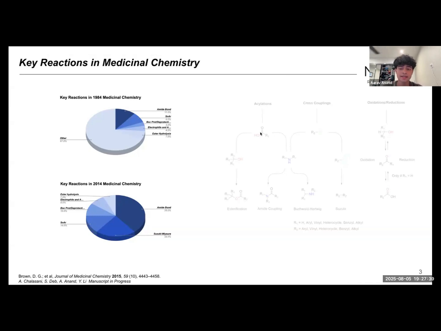Over time, we see that amide bond formation and cross-coupling reactions have become even more dominant. In 2014, over 40% of all medicinal chemistry reactions were either amide couplings or Suzuki couplings, up from just 20% in 1984. This reinforces why improving the efficiency of these reactions, especially amide couplings, is so critical to accelerating drug development.